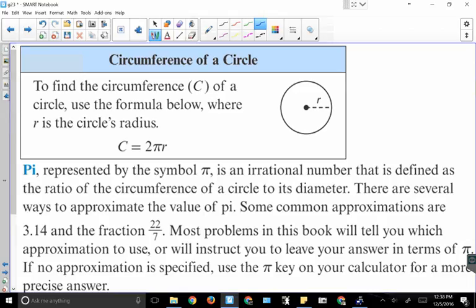Otherwise, you can get by with the pi key on the calculator. Also be aware that if you use 3.14 and somebody else uses the pi key, somebody else uses 22/7, you are going to get answers that are a little bit different. They'll be close, but they will be different.